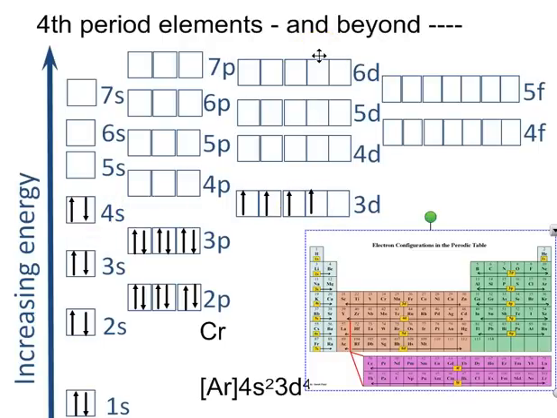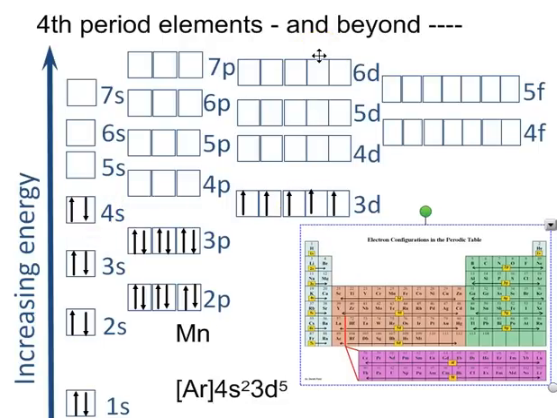And this pattern continues as we move on to manganese, Mn. So manganese is the 5th element over in the D block, so it'll have the 5 electrons spread out, 1 in each orbital of the 3d sublevel. Again, Hund's rule. So manganese will have everything that argon has, plus the 4s2 and the 3d10.